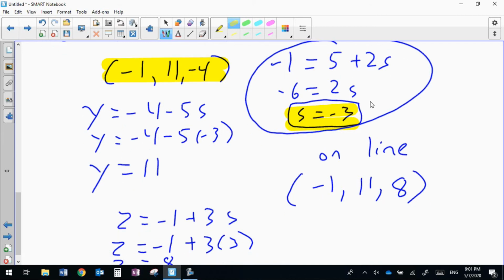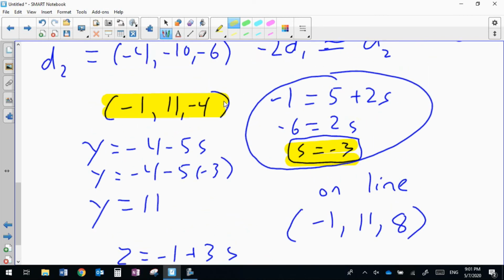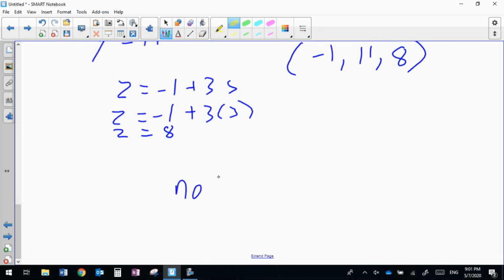And if s is equal to -3, then the y value is 11 and the z value is -10, not -4. So they are not the same line. They're parallel, but they're not the same.